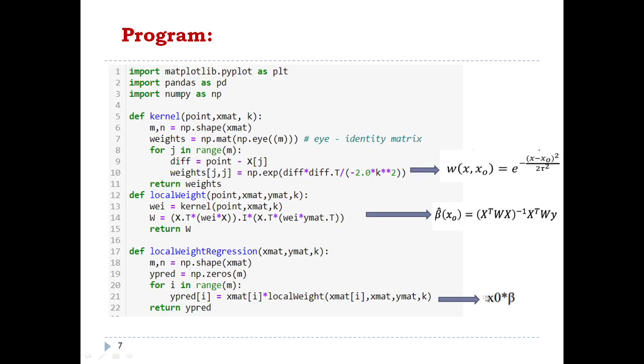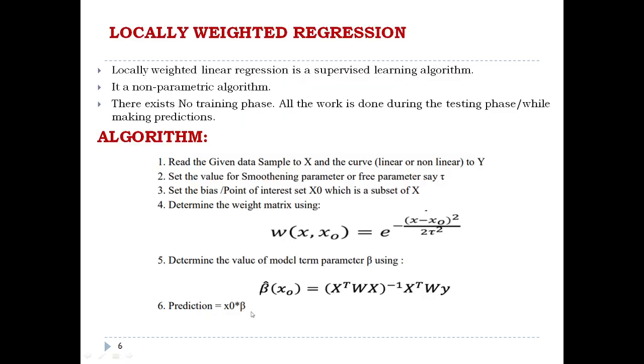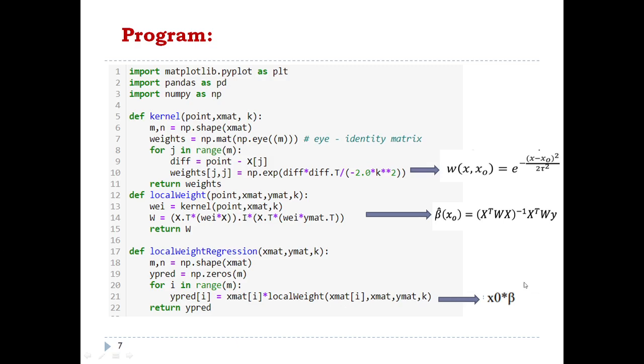As I told you in the algorithm, the prediction is based on the bill, the independent variable value, and the model parameter beta value. So x0 into beta is nothing but the local weight of that particular data point. This particular statement calls another function, the local weight function.